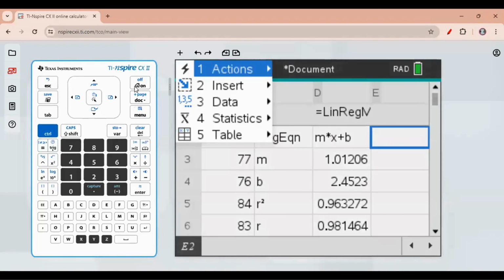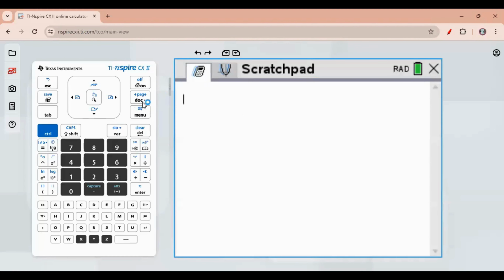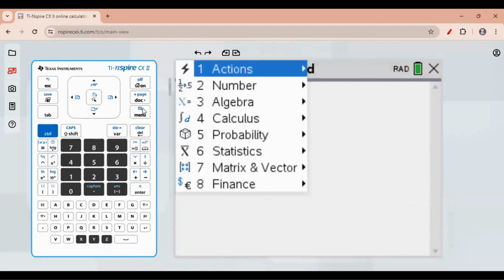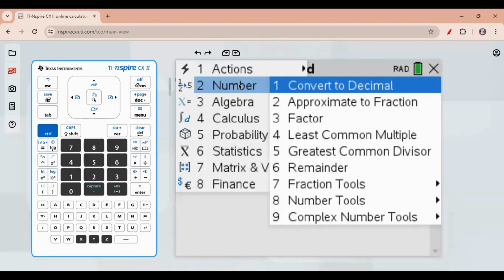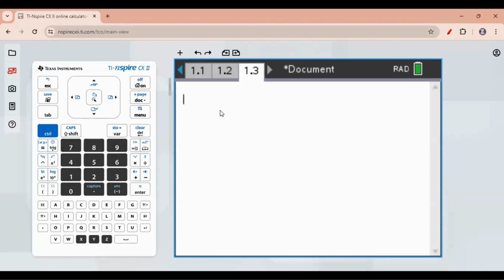So take a calculator. So we got that equation, 1.01206 times 78 plus 2.4523.